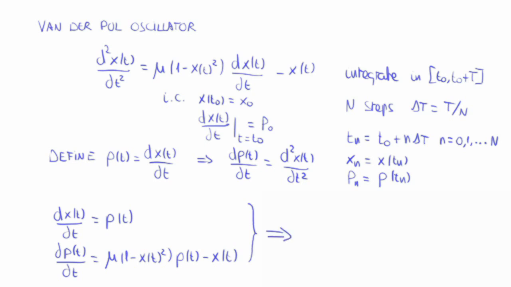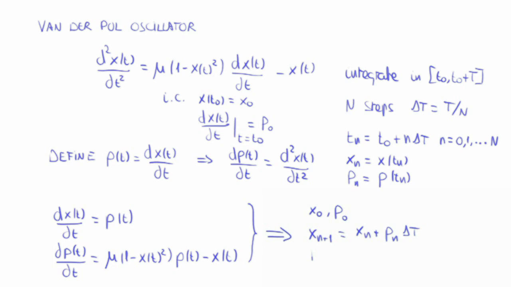The trajectory starts at x0, p0. Remember that we're monitoring the trajectory in a two-dimensional space of position and momentum. The value of the position at time tn plus 1 is given by this expression, xn plus pn times delta t.